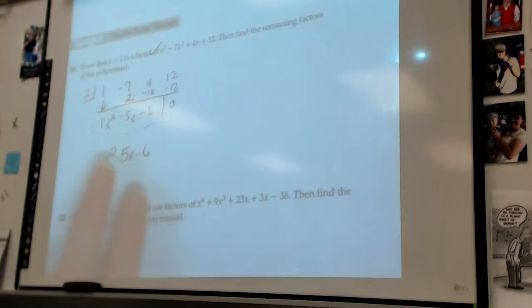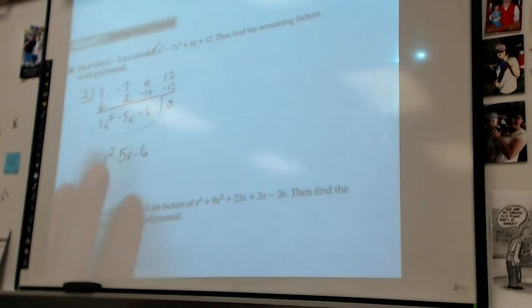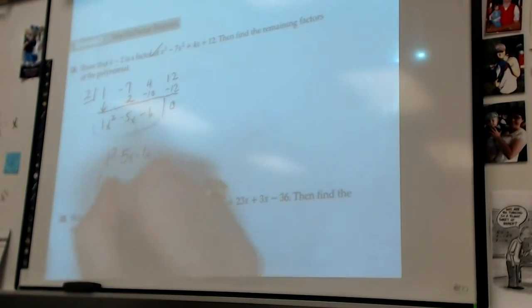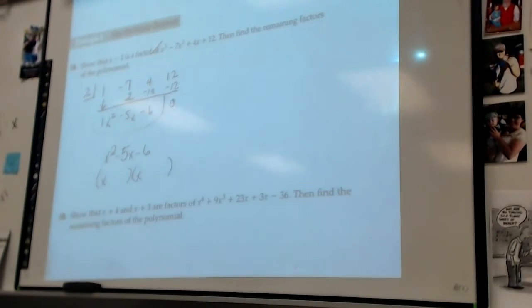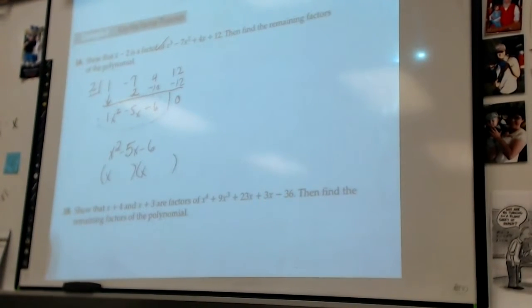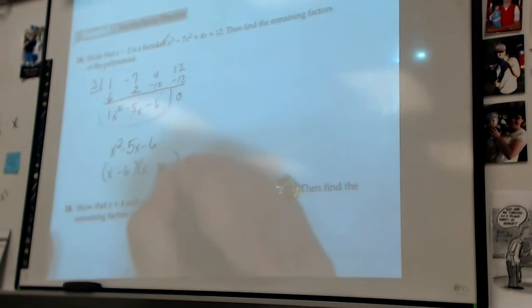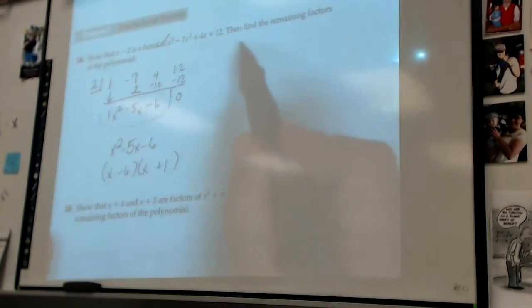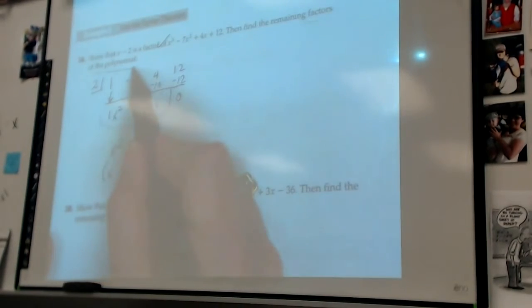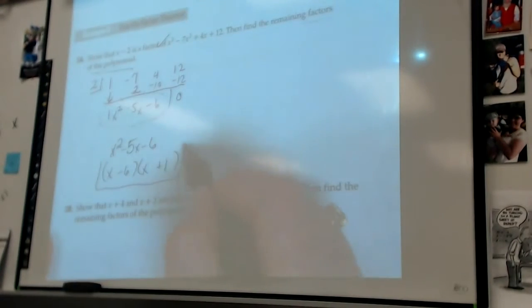There's 3 terms. I have a leading coefficient of 1. So I bet product and sum will work. X, X. 2 numbers that multiply to give me negative 6 and combine to give me negative 5. Negative 6, positive 1. So find the remaining factors of the polynomial. There they are.